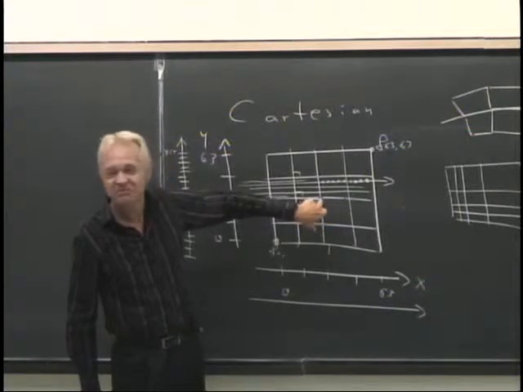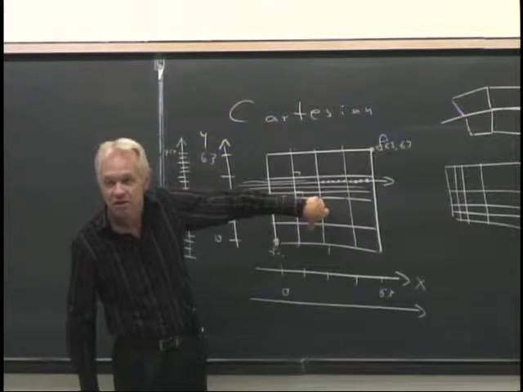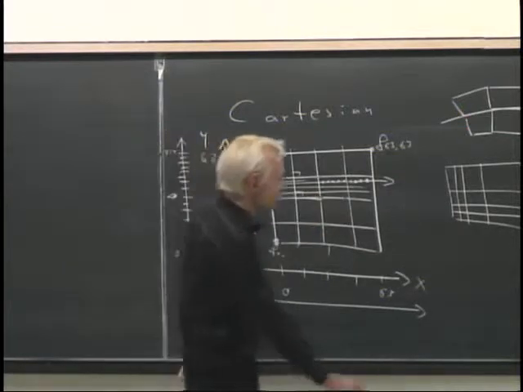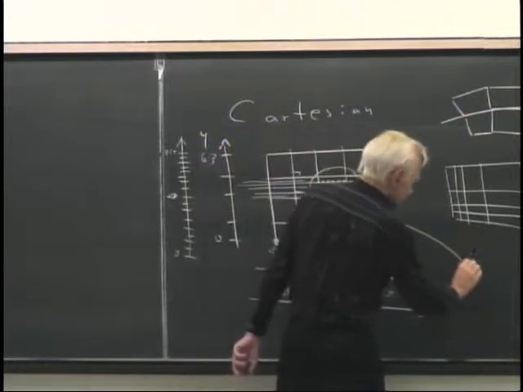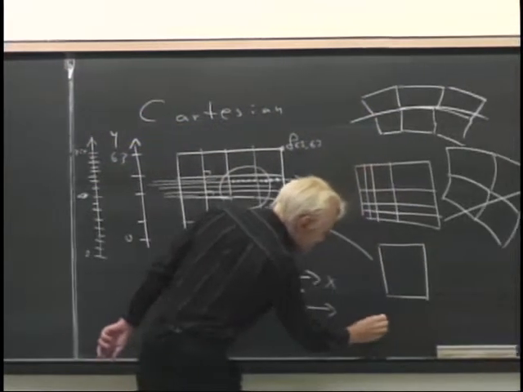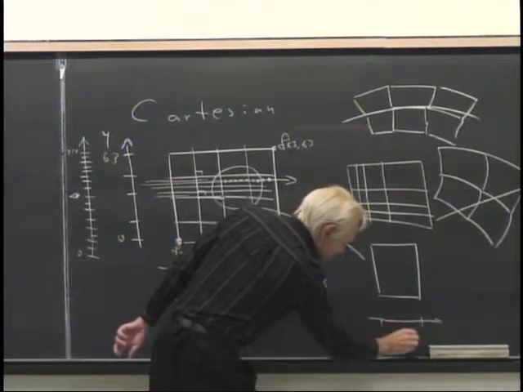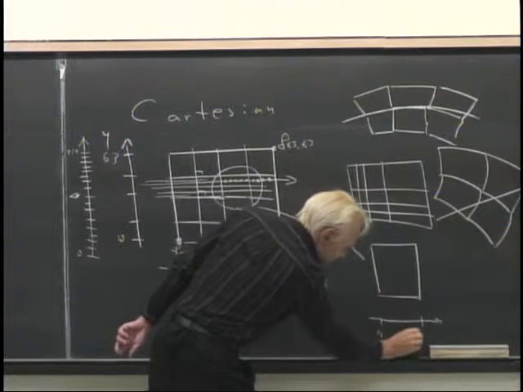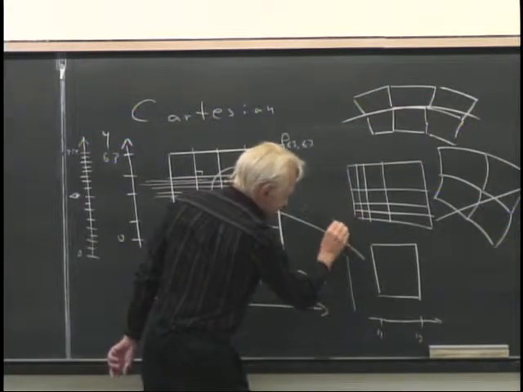Well, you get it by subtracting the indices of the lower left front corner. So if you are in a particular cell, and this cell might be location 11, and this is location 12, and here in y, this is x.